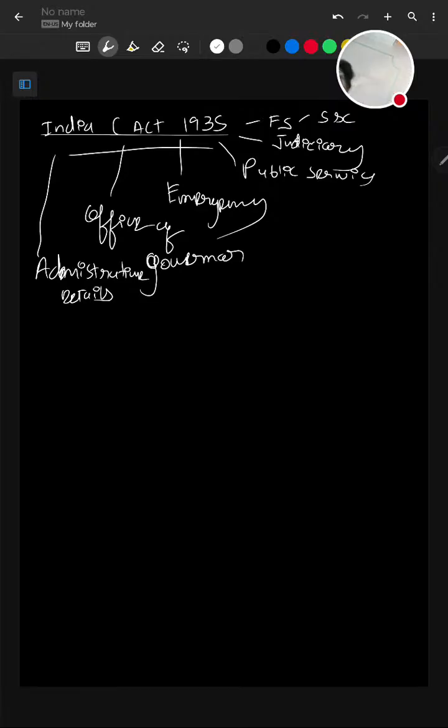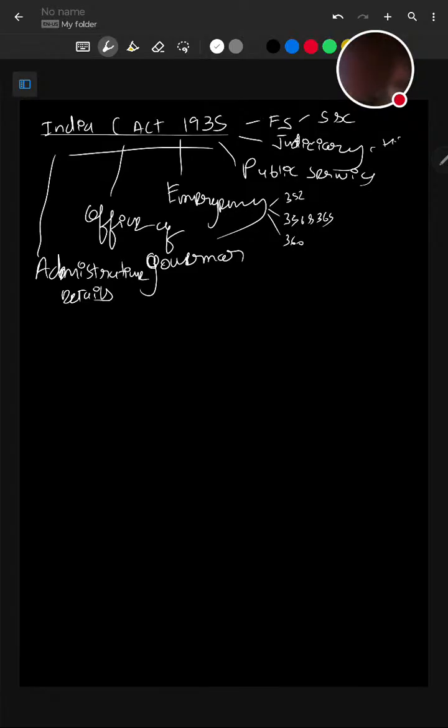So from the Government of India Act of 1935: the federal scheme for state and center division of power, then judiciary as high court and supreme court, then lawmaking, the public service, then emergency, which are in Article 352, Article 356, 365 and 360.